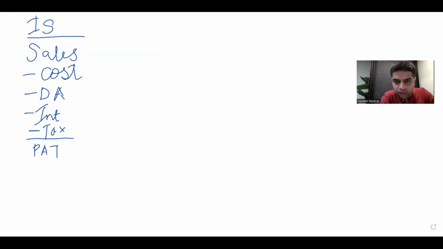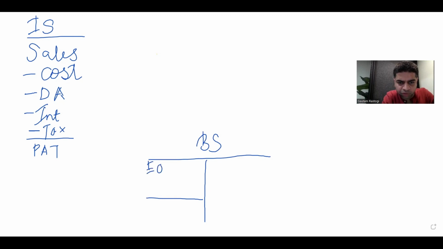Now let's have our balance sheet in the middle. Here you have your equity. Then here you have your non-current liabilities, your long-term loans or what have you. And then you have your short-term loans or your payables, your short-term liabilities.